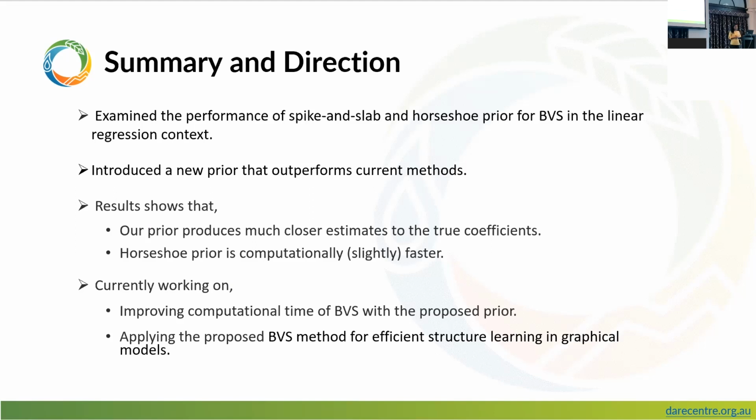So what we are currently working on is improving the speed of our method, because we use MH as the sampling scheme to generate the gamma posterior. We're going to use HMC instead, so that we think we can improve the speed.